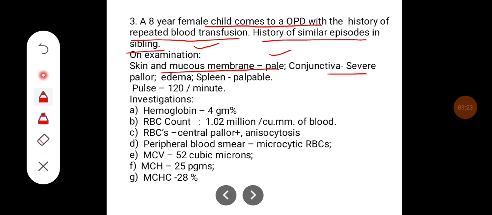Conjunctiva is severe pallor, there is also edema, and spleen is palpable. Okay, so spleen here is palpable because of the excessive destruction of the RBC which is occurring in the spleen. Okay, and pulse is around 120 per minute, which is again telling about the hyperdynamic circulation.